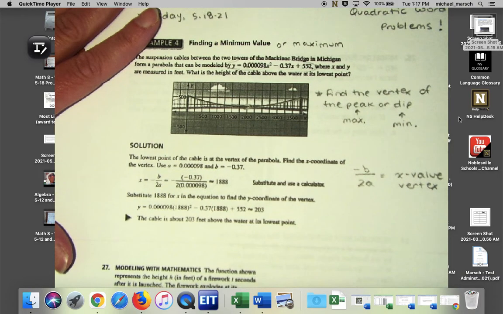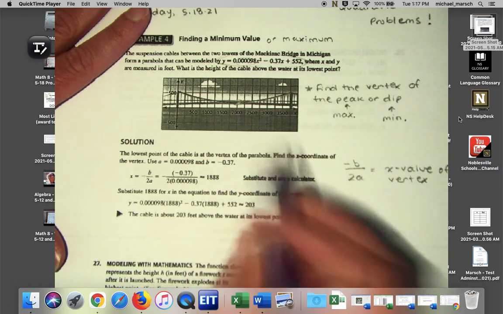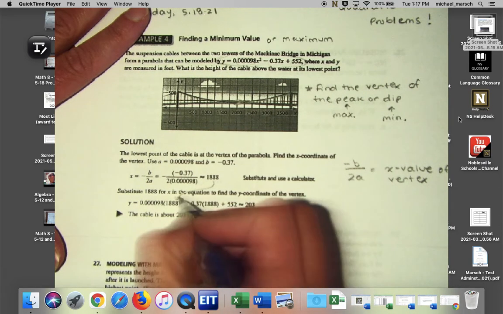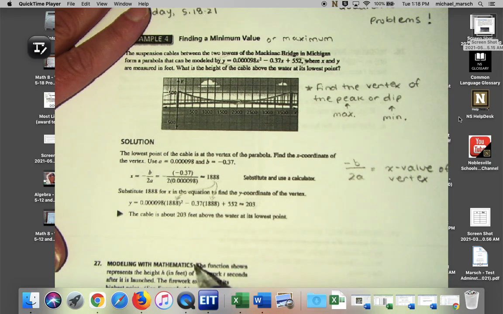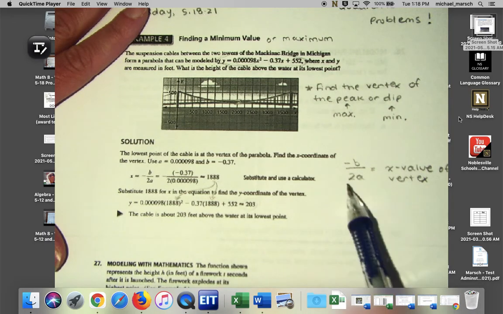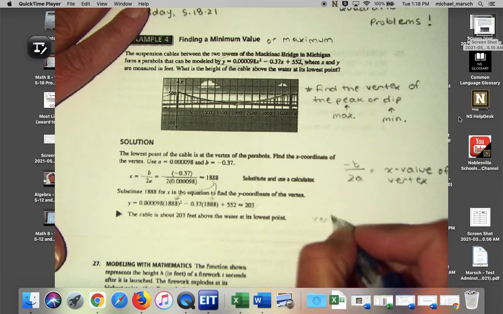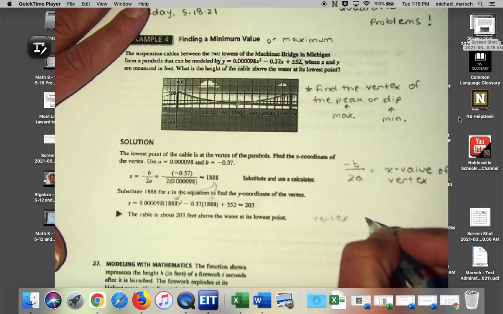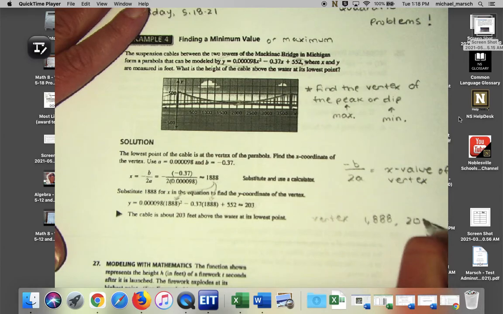So now that we have an x value, we can put it into our quadratic and get the y value. So you use this formula to find the x. You put the x back into the quadratic, and you get your y. So our vertex is 1,888 for our x, 203 for our y.